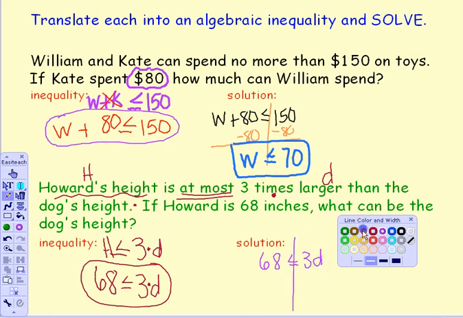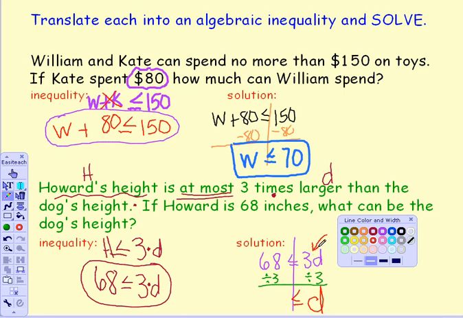Draw that line down the inequality, and in this case we're going to divide both sides by 3 to get a D on the right. Notice the inequality symbol stays the same. This is not a flip the switch problem because we're dividing by 3. It's a positive coefficient here, so the symbol is going to stay the same.